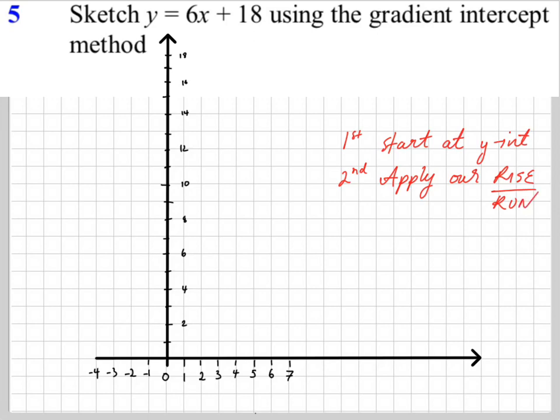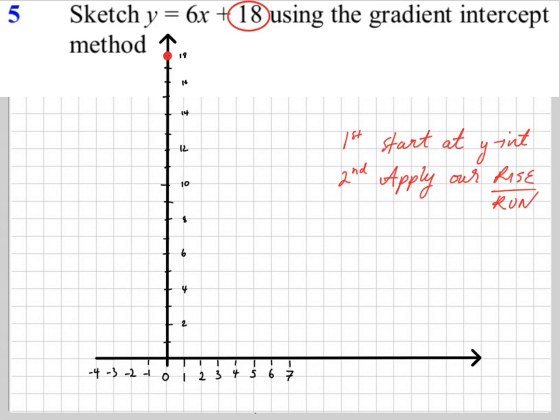Okay, so let's start with our y-intercept. So where is our y-intercept? Our y-intercept is here. So we start here. And then we need to apply our rise and run.